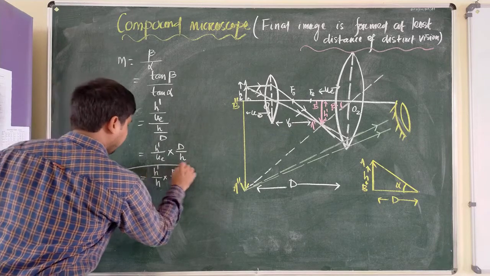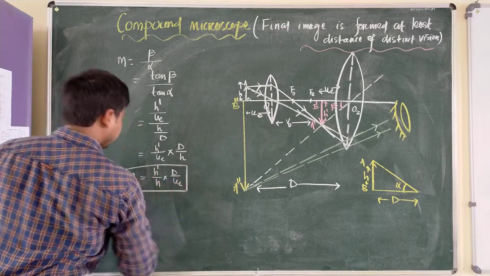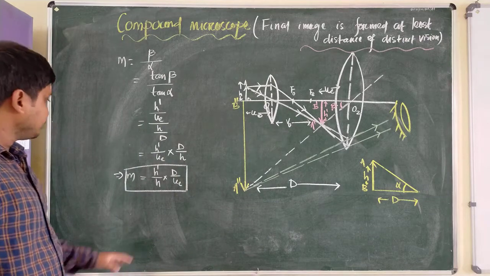The expression for the magnification is H prime by H into D by UE.